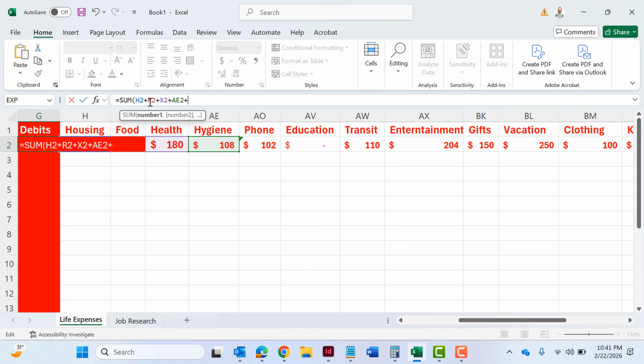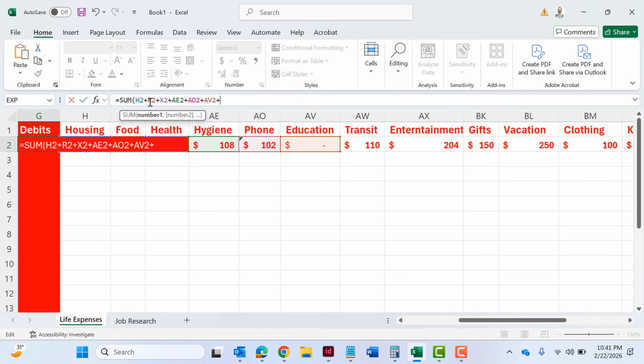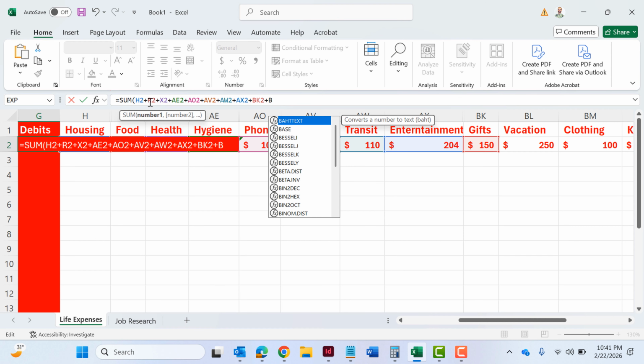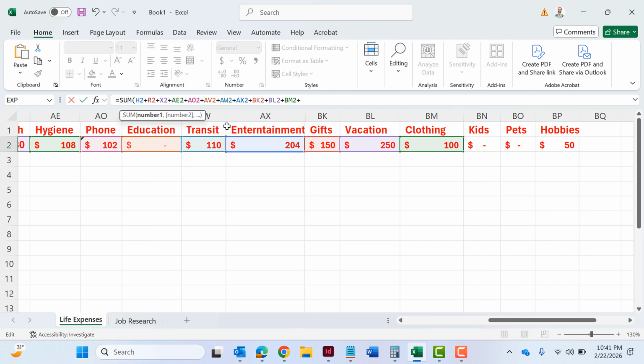Just keep on going. AO2 plus AV2 plus AW2 plus AX2 plus, almost done, BK2 plus BL2 plus BM2 plus 3 more.